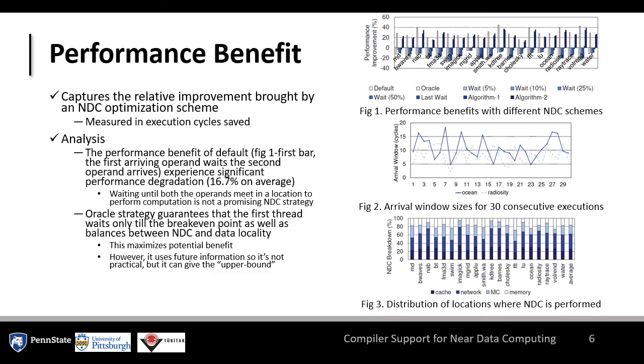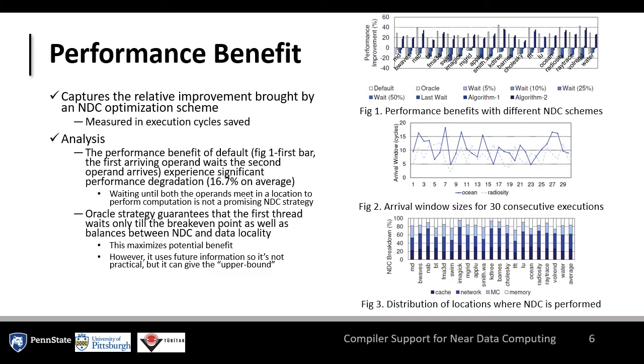On the other hand, if you use something like an Oracle scheme that somehow magically decides whether to perform near data computing or not, and optimally decides how much to wait, and if necessary trades off near data computing opportunity with data locality optimization, then we see that there might be significant benefits.